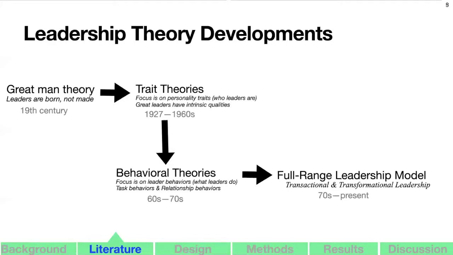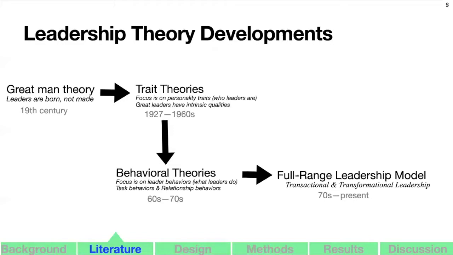But then after the 60s, leadership studies changed focus to behavioral theories, where leaders were studied for what they do, not who they are. And that is how the full range leadership model came into place.